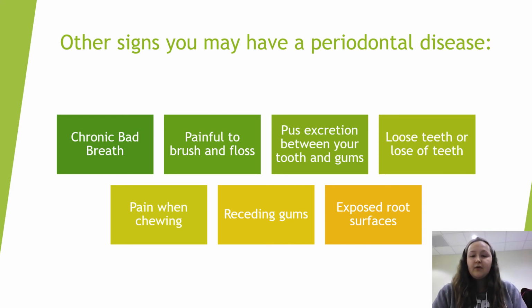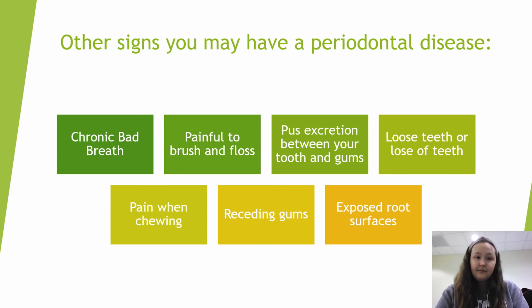Or if you have exposed root surfaces, and in the previous picture we showed you of periodontitis, that's where you can again see more of the tooth. It almost looks like your teeth are getting longer, and that's because you've lost bone, you've most likely lost gums in that area.